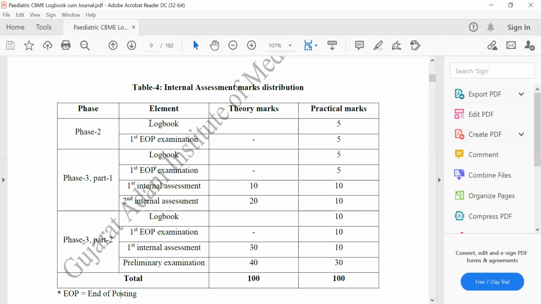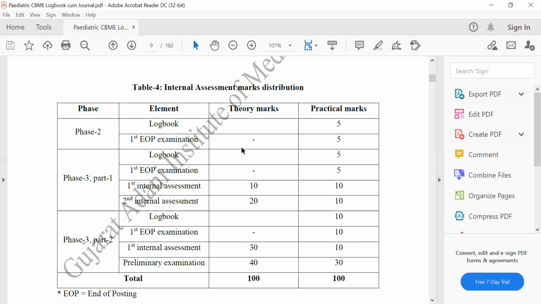When the student comes into phase 2, the student will complete all the competencies which we will teach, and even the certifiable competency, because there are 23 certifiable competencies in pediatrics, out of total 406. So for the logbook in phase 2, 5 marks.